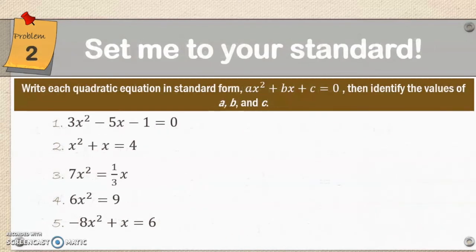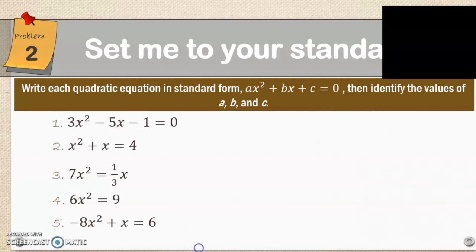For problem number 2, set me to your standards. For this problem, you have to write each quadratic equation in standard form, ax squared plus bx plus c is equal to 0. And then, identify the values of a, b, and c. Ready na po tayo? So, ngayon, 30 seconds for this problem. So, get ready with your paper and pen.